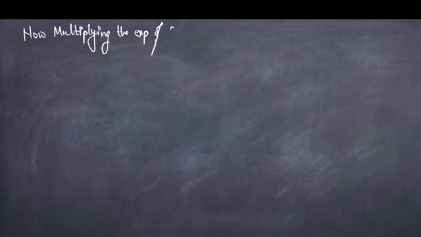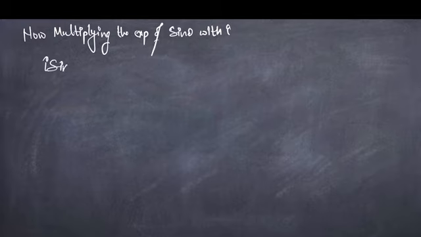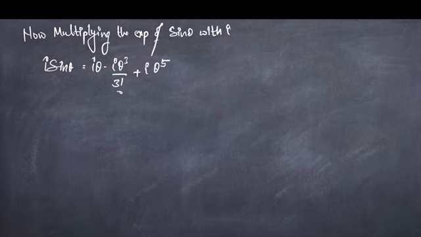Now multiplying the expansion of sin theta with iota, we will get iota sin theta equals iota theta minus iota theta cube upon 3 factorial plus iota theta to the power 5 upon 5 factorial and so on.